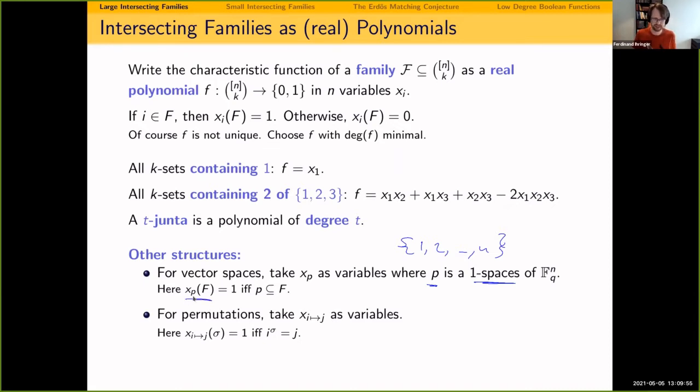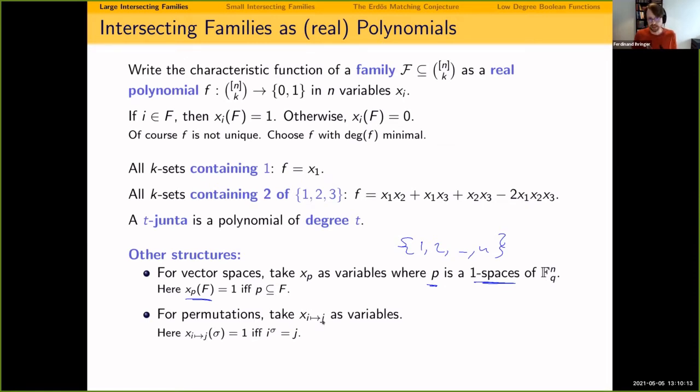Here you have a lot of ambiguity in how you can do it, but ignore that. And you can do the same thing for permutations, where your variables indicate whether a permutation maps i to j or not.